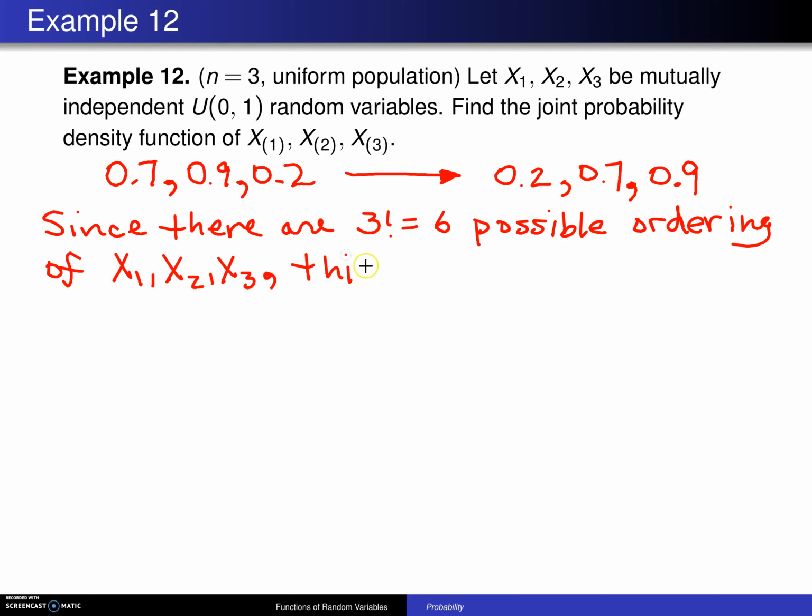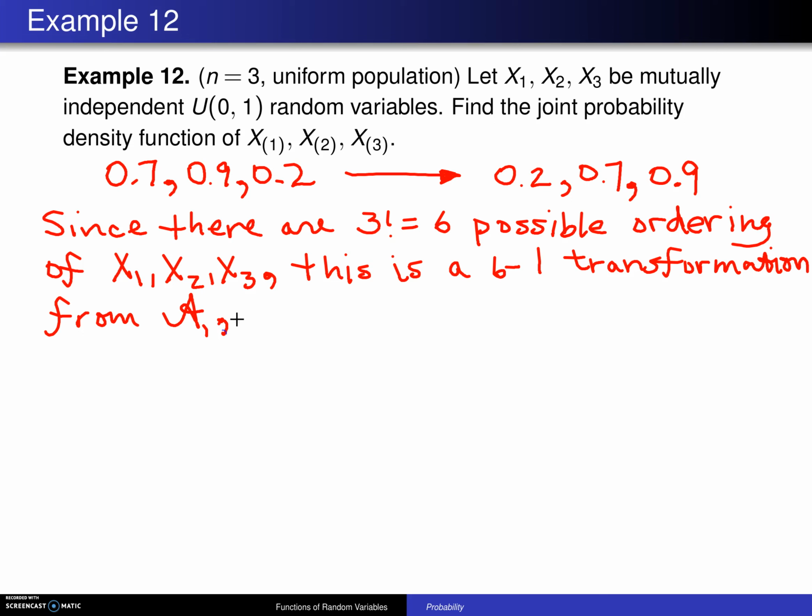This transformation happens to be a 6-to-1 transformation from 6 different pieces, namely script A1, script A2, all the way up to script A6, all mapping to script B.